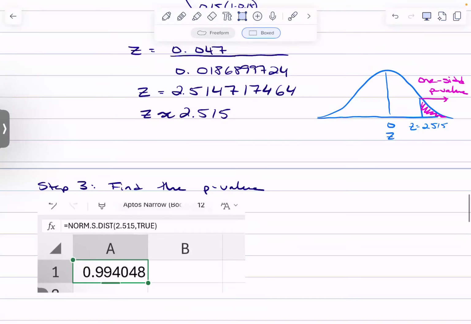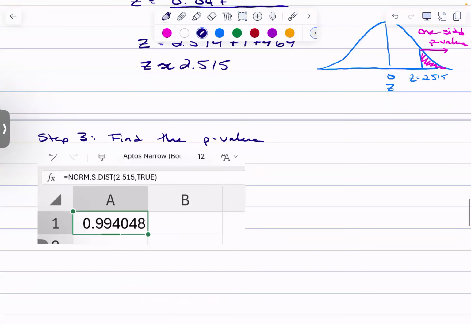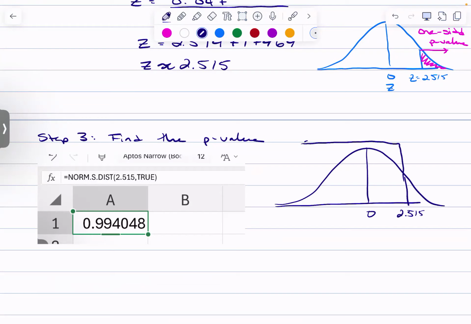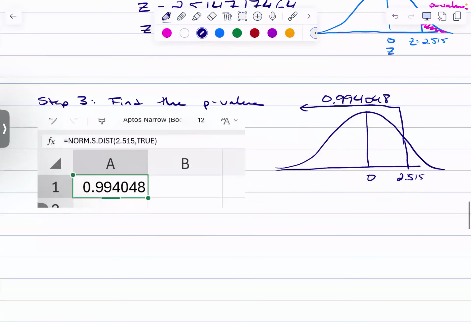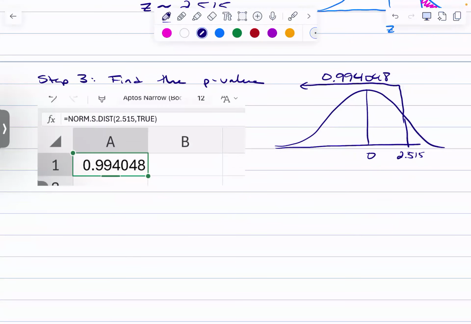This is, like we said, the area to the left, 2.515, and we find that this area is 0.994048. Okay.